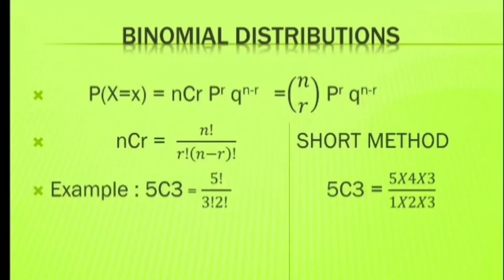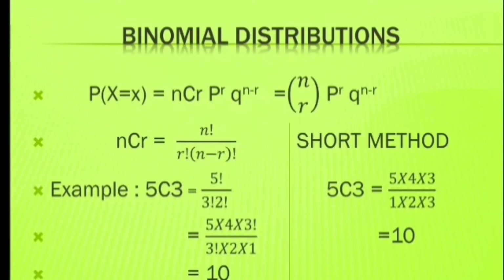In the formula method, we use n equal to 5 and r equal to 3, and substituting we get 5 factorial by 3 factorial into 2 factorial. In the short method for 5C3, because we have 3, we write the numbers in descending order: 5 into 4 into 3 divided by 1 into 2 into 3. You get the same answer as with the formula, which is 10.